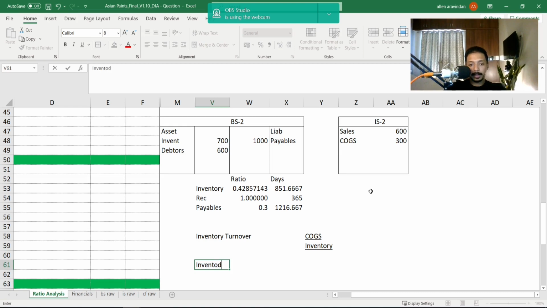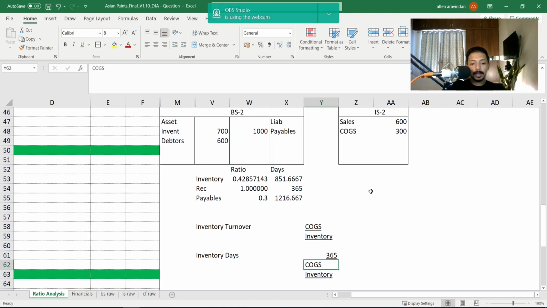What is the formula for inventory days? So we just take the same ratio and we divide it over 365, right? So 365 divided by cost of goods sold over inventory, right? This is what we do.